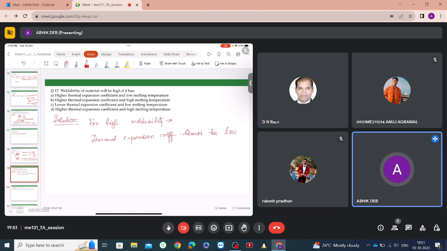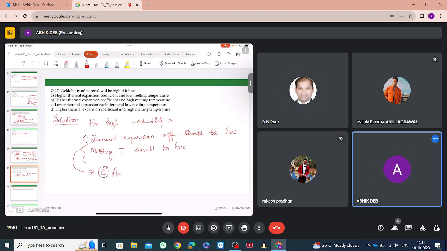Then it is easier for the person to weld the material. So the correct option will be option number C.